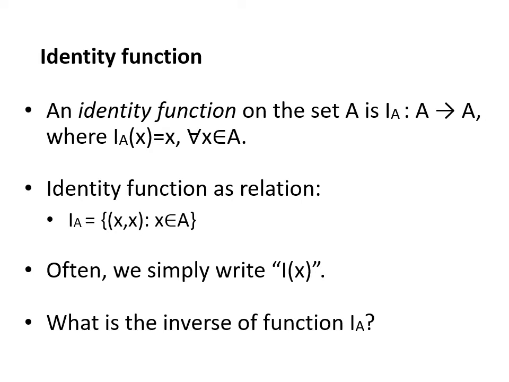And the property of the identity function is that I of A of x is equal to x for all x element of A. So it maps every element of A into itself. If we represent this relation, it will be defined using the set x comma x, where x is an element of A. And often we simply write I of x, we drop the A subscript.